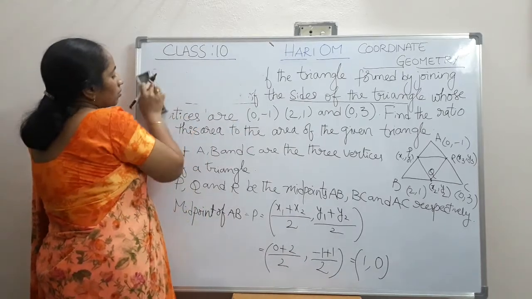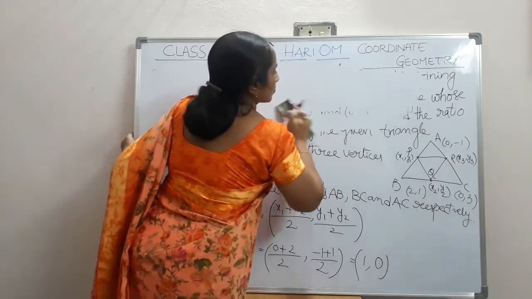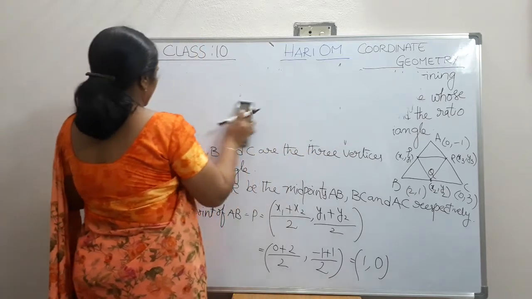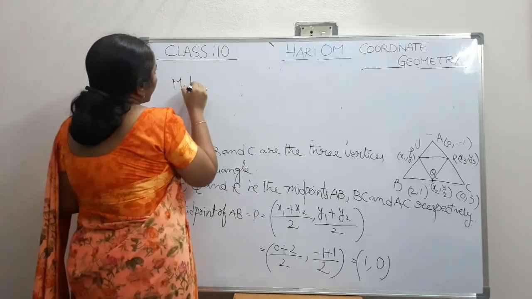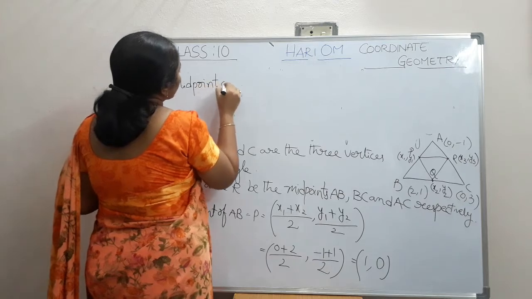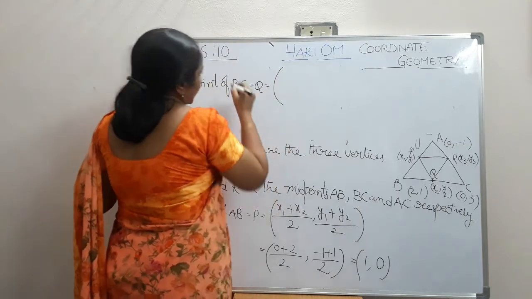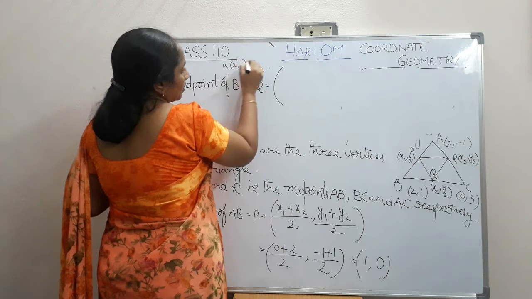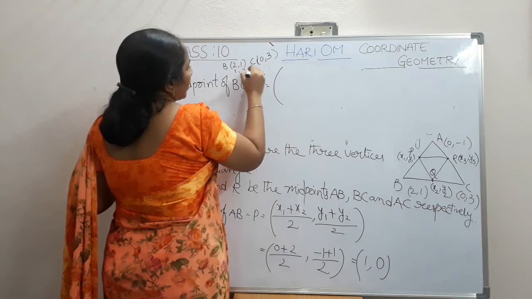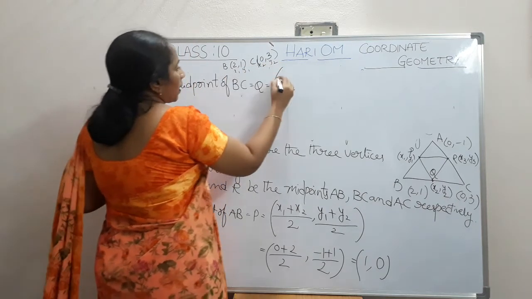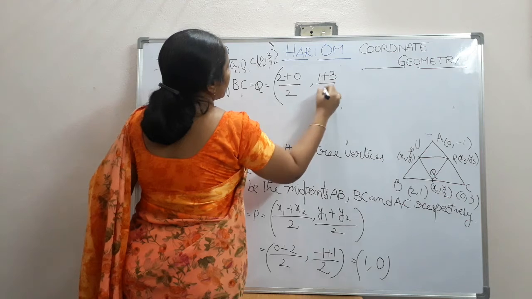Next, coming to the midpoint of BC. The midpoint of BC is Q. What is B? (2, 1), C (0, 3), (x1, y1), (x2, y2): (2 + 0)/2, (1 + 3)/2.